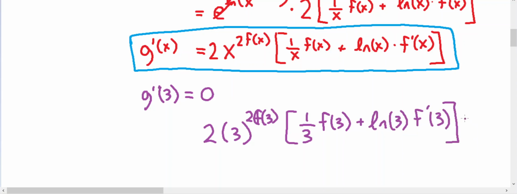And this whole thing is being set equal to 0 because we know that x equals 3 is a critical point. So notice that this term is exactly g of 3, which it told us has a value of 27.